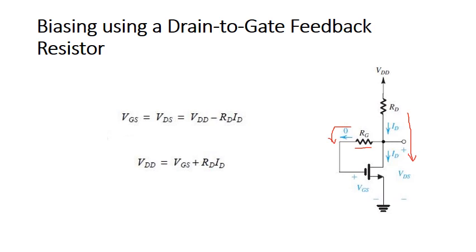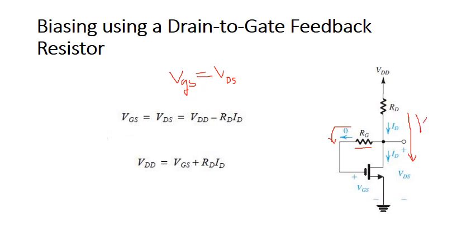So the large value of RG makes the gate voltage VGS and the drain voltage equal. VGS is equal to VDS. Since no current flows through the path of RG and the gate terminal, the entire current flows through the drain terminal and the source terminal.